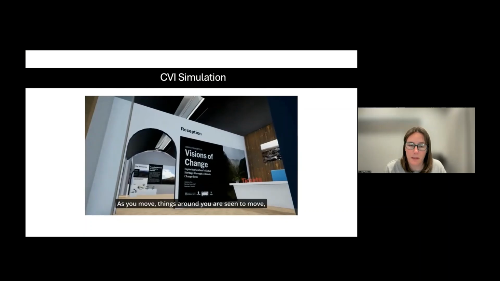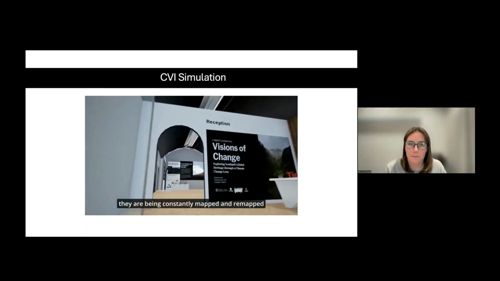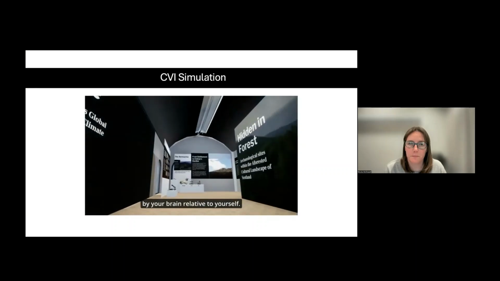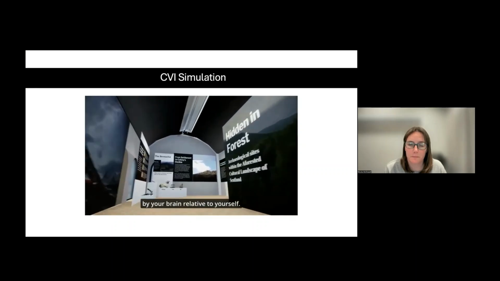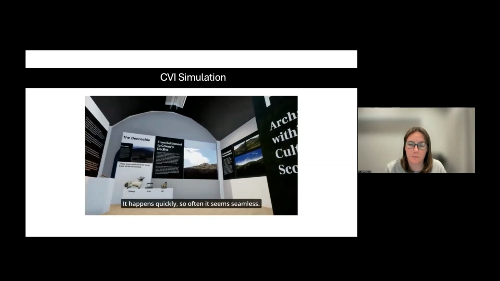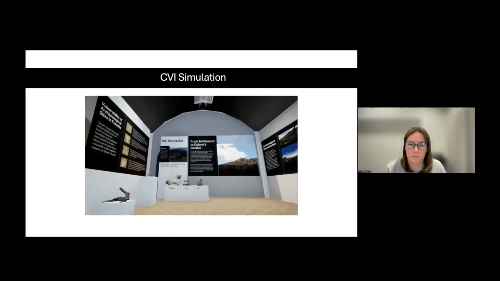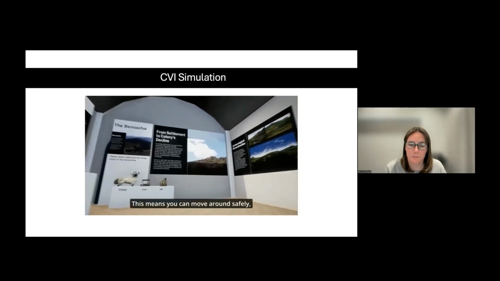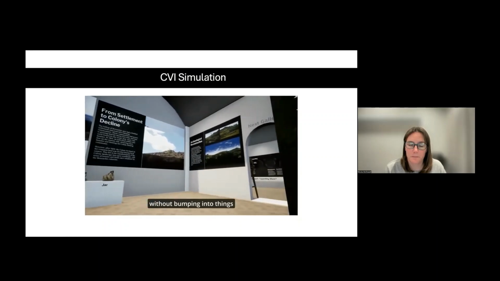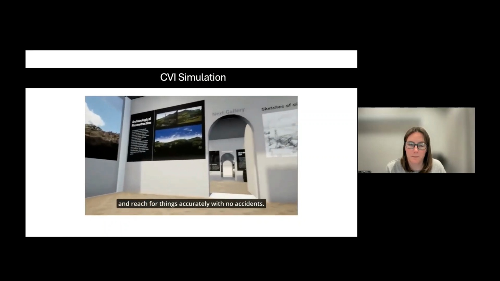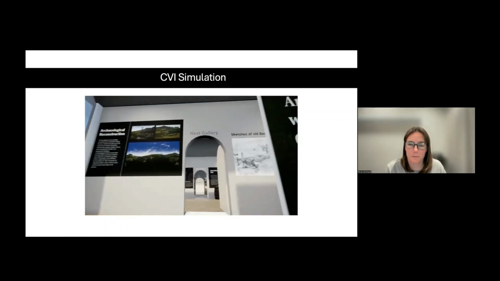As you move, things around you are seen to move. They are being constantly mapped and remapped by your brain relative to yourself. It happens quickly, so often it seems seamless. This means you can move around safely without bumping into things and reach for things accurately with no accidents.